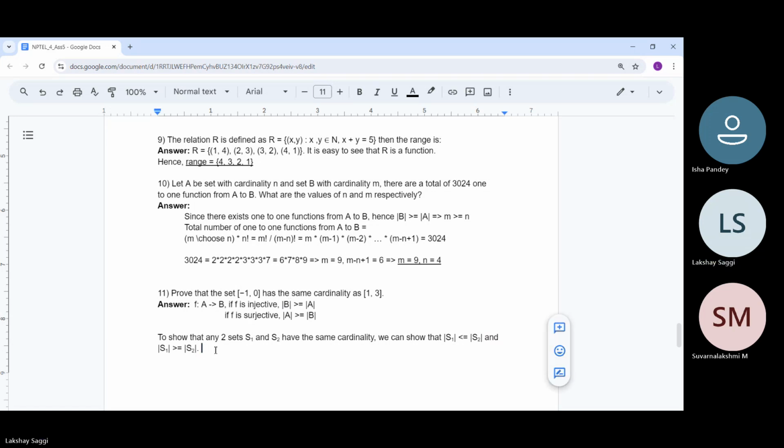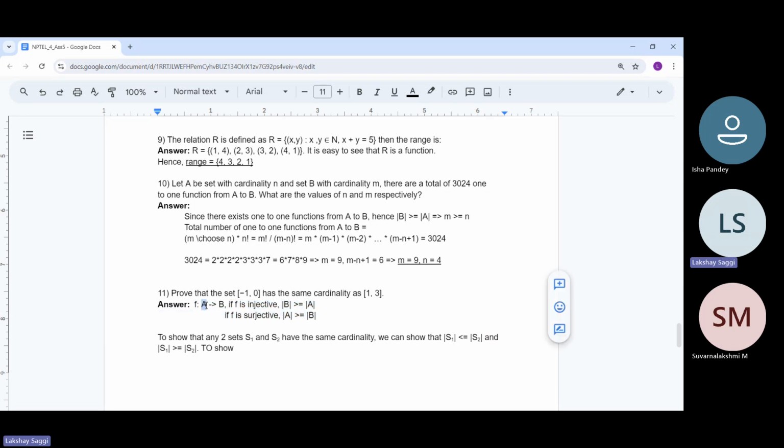Okay, so from this statement we get an idea. Suppose instead of B I said S2 and instead of A I said S1, then if f is a function from S1 to S2 and f is injective, then cardinality of S2 will be greater than or equal to cardinality of S1. Right.